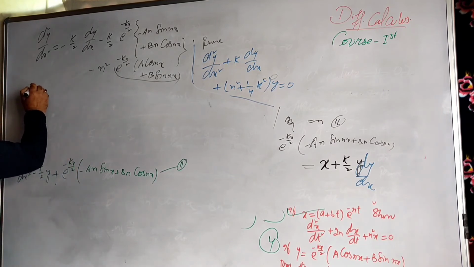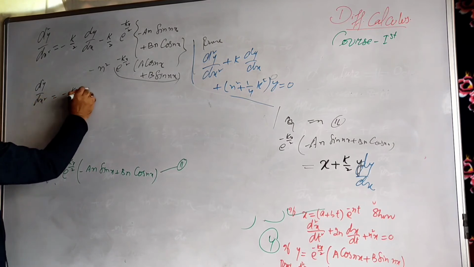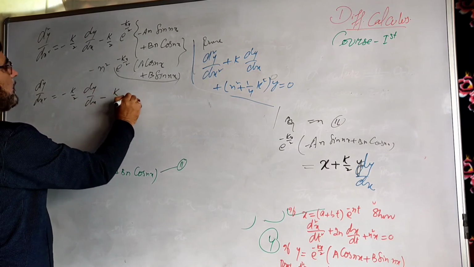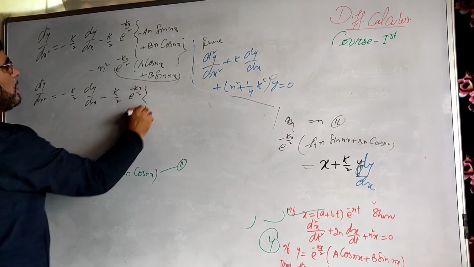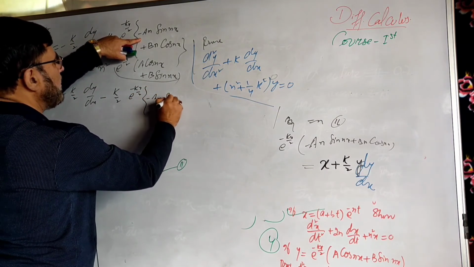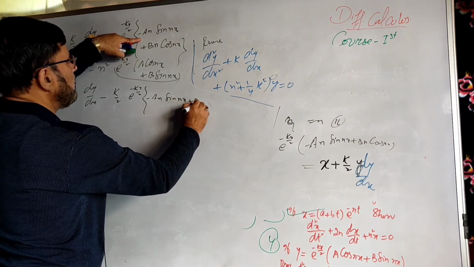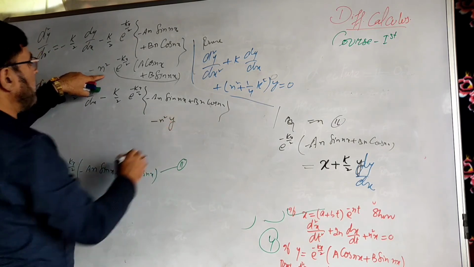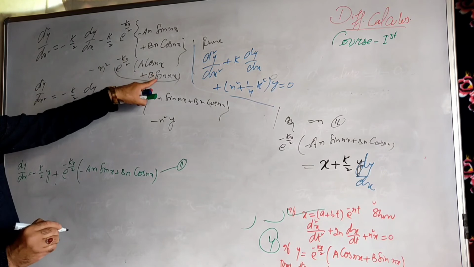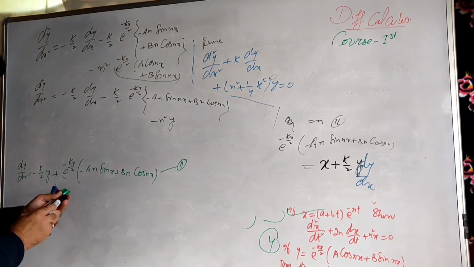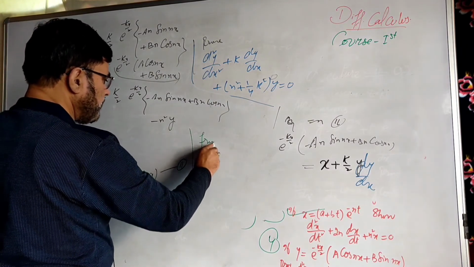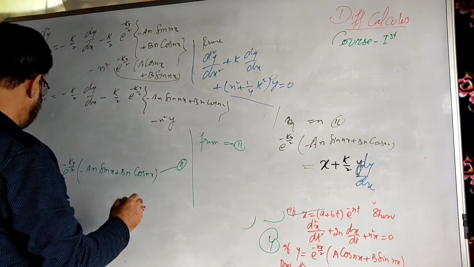Where we reach? Well, it is your d2y by dx square is equal to minus k by 2 dy by dx minus it is k by 2 e raised power minus kx by 2 into this minus an sine of nx plus bn cos of nx. This is your minus n square y, because e raised power minus kx by 2 into a cos nx plus b sin nx is your y by using first. Now I can write from second equation. It is this, where I get this thing.